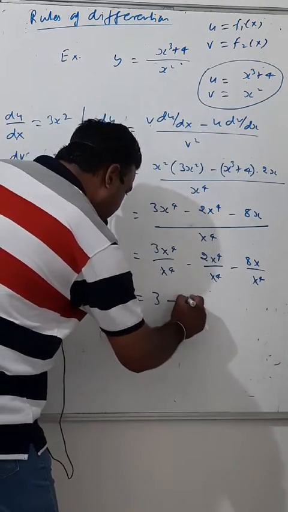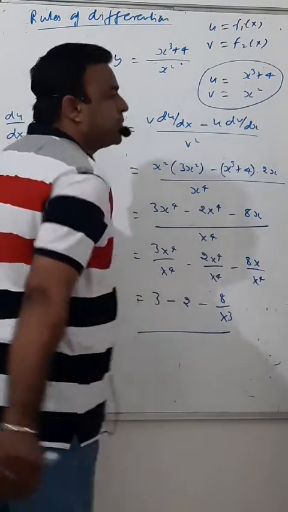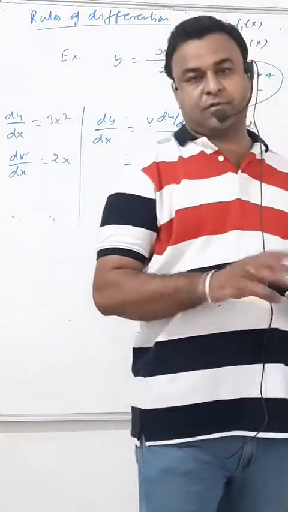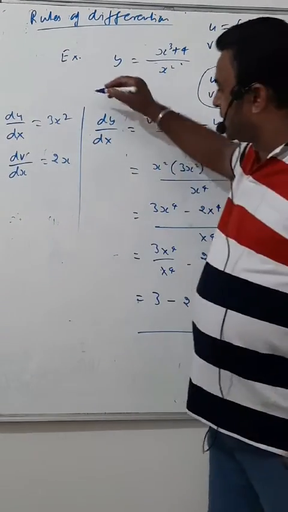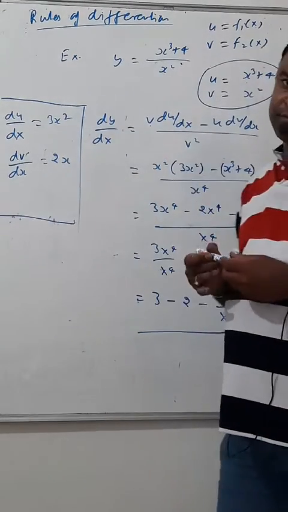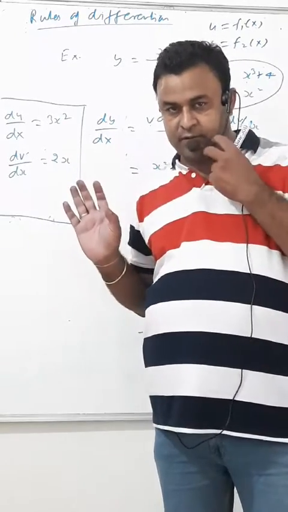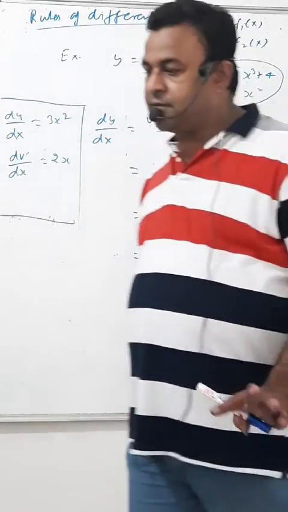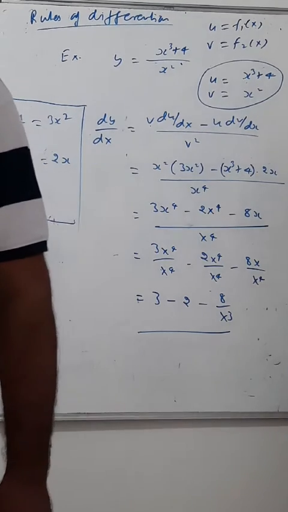I have 3 minus 2 minus 8 upon x cube. This is the most effort-requiring one where we need to put work in differentiation. You will not get much higher differentiation than this. This is the way we deal with differentiation in physics.